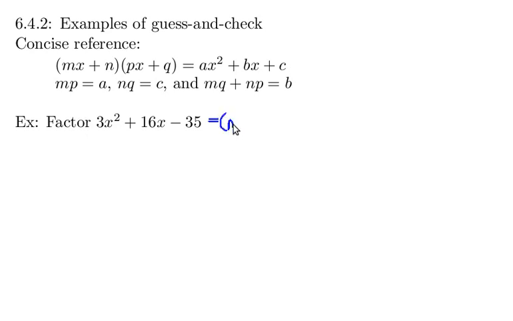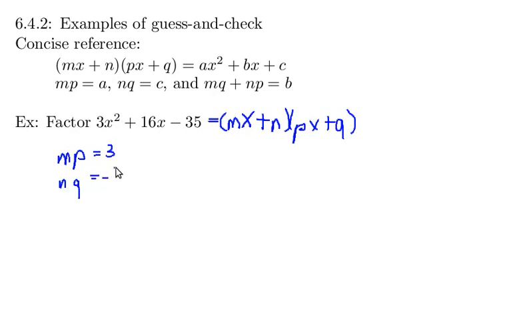And I'm not going to write this every time, but (mx plus n) times (px plus q). So m times p is going to equal 3, and n times q will equal negative 35, so n times q equals negative 35.